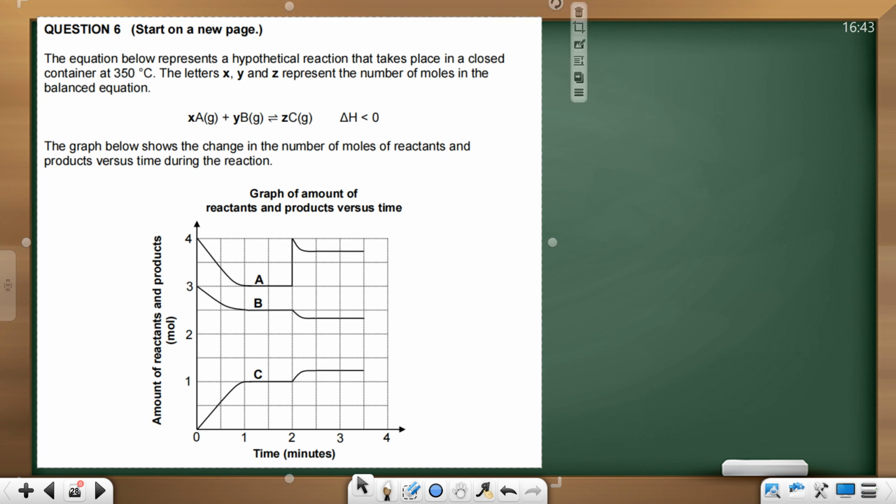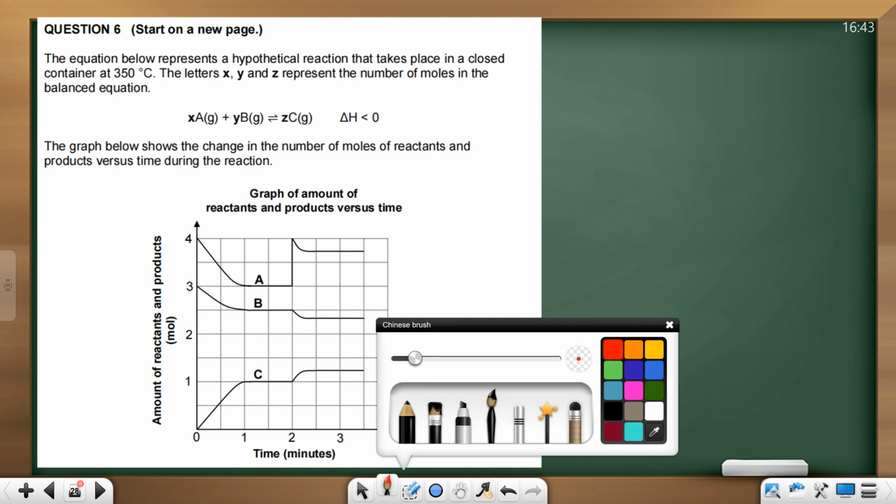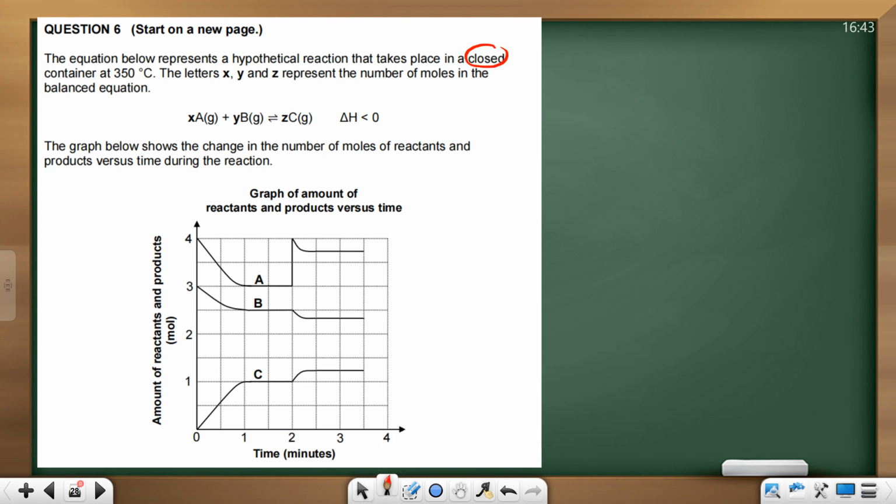All right, guys, let's look at this. Chemical equilibrium. The equation below represents a hypothetical reaction that takes place in a closed container at 350. Please understand, chemical equilibrium can only take place in a closed container because the reaction must be isolated.